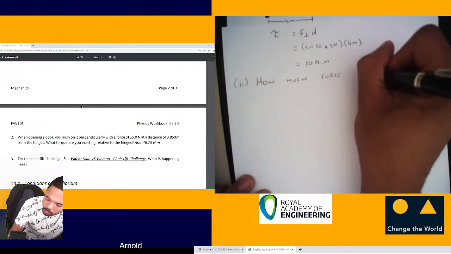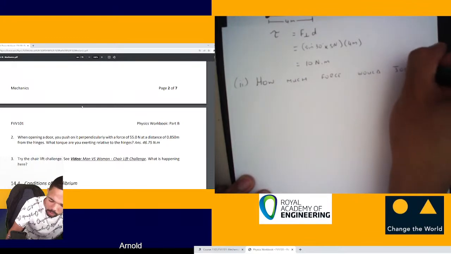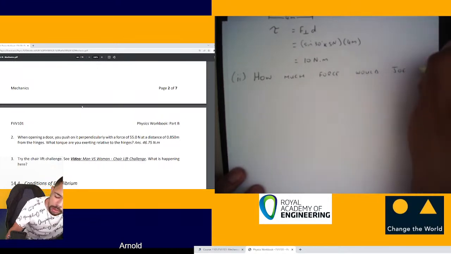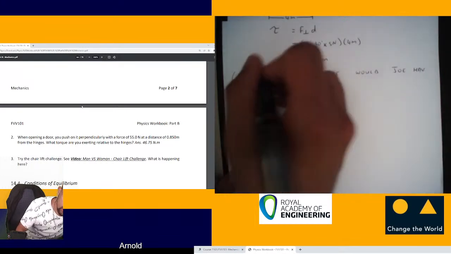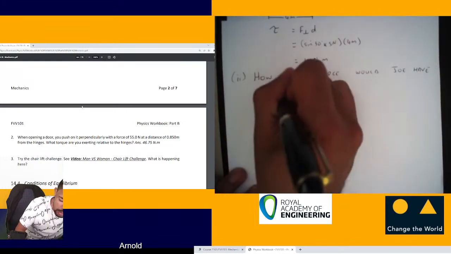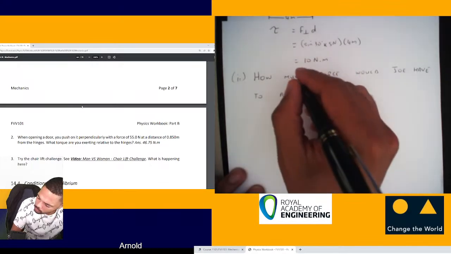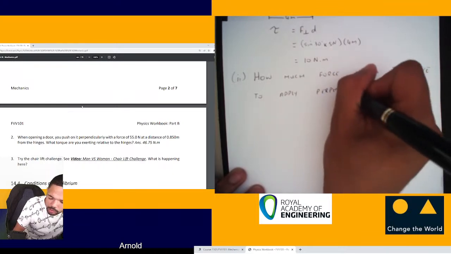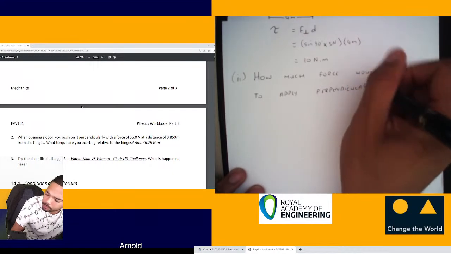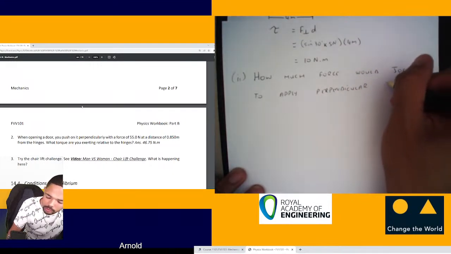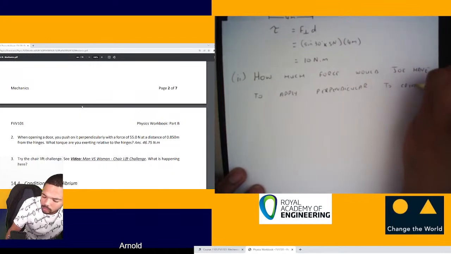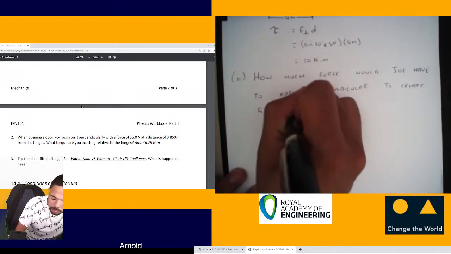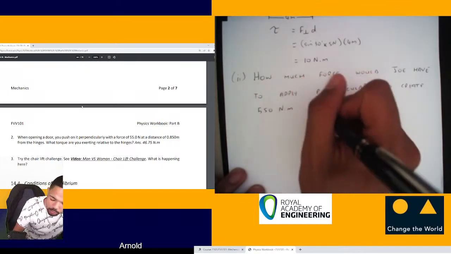How much force would Joe have to apply perpendicular to create 550 newton meters of torque?